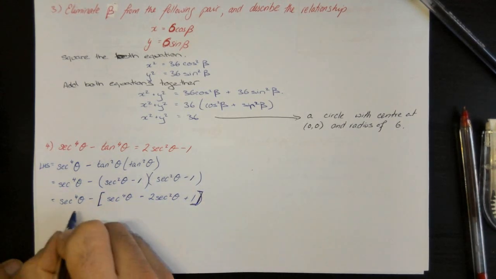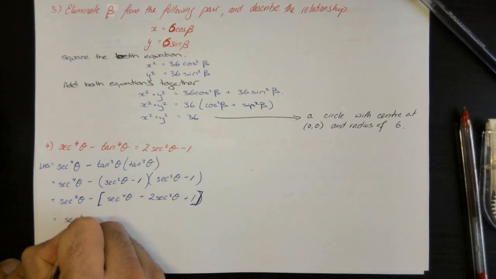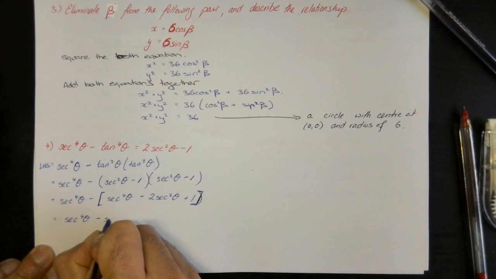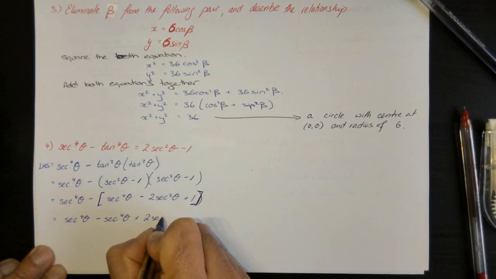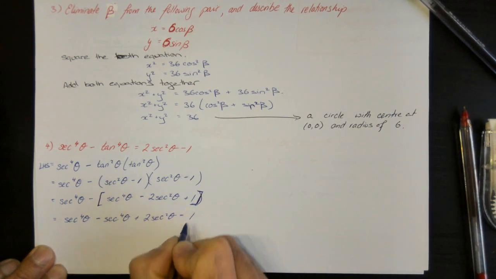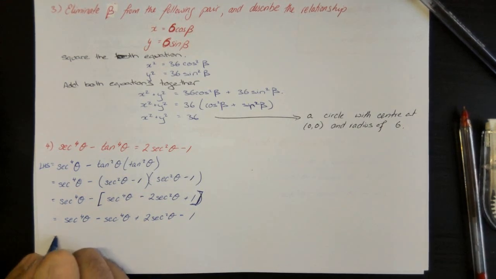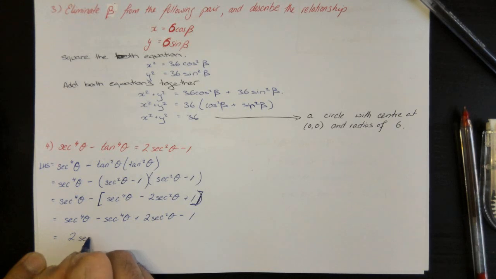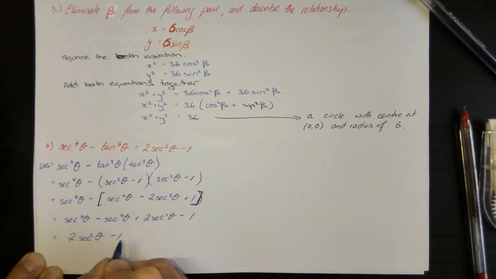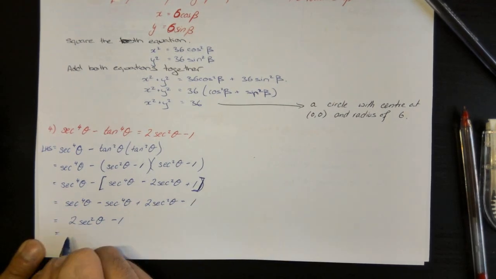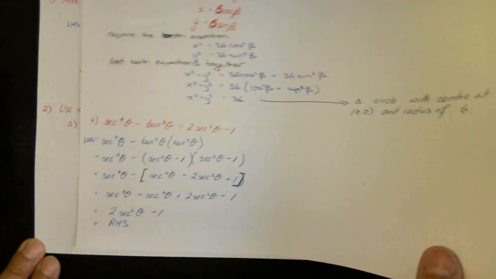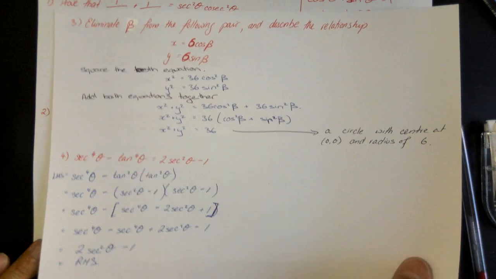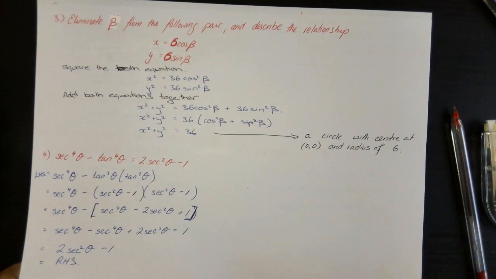That's all subtraction, so the two negatives become a positive, and that becomes a negative. Well, that cancels out with that, leaving us just 2 sec squared theta minus 1, which is the right-hand side. And that's the last example. Cool. Thank you very much.